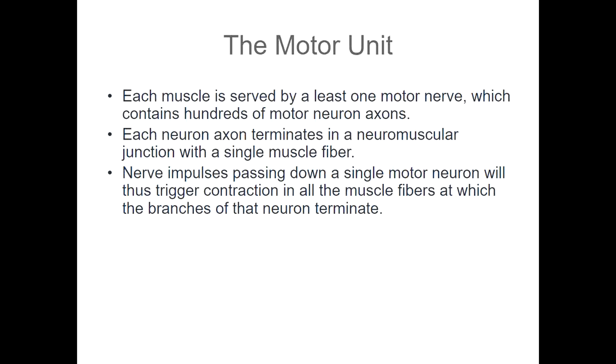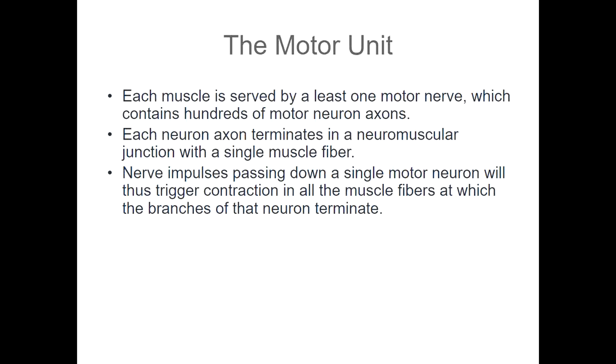Basically, each muscle is served by a motor nerve, and that nerve has hundreds of little hair-like structures that come off of it that are known as axons. It's like you have this one cable, and then that cable branches off into all these little individual axons.